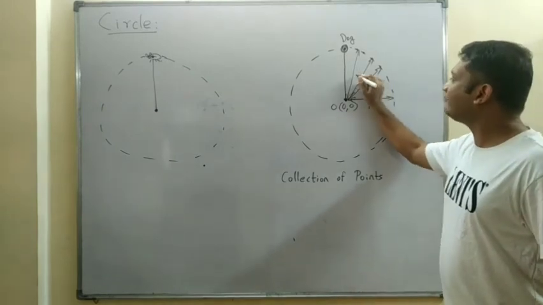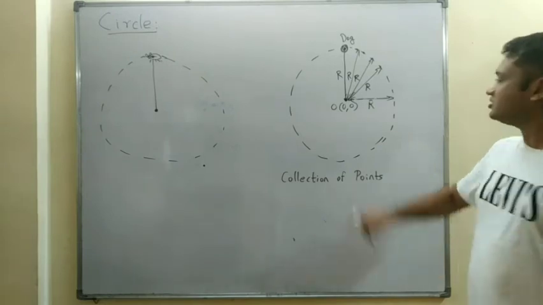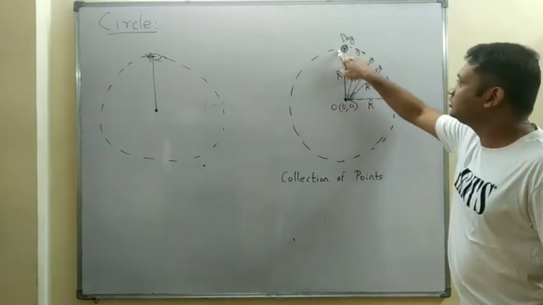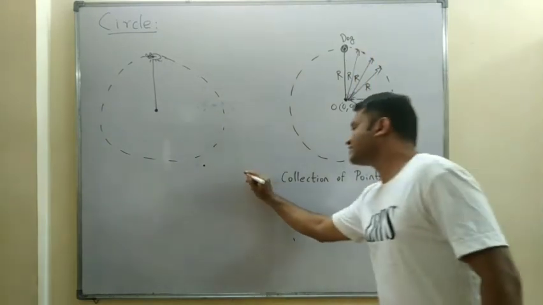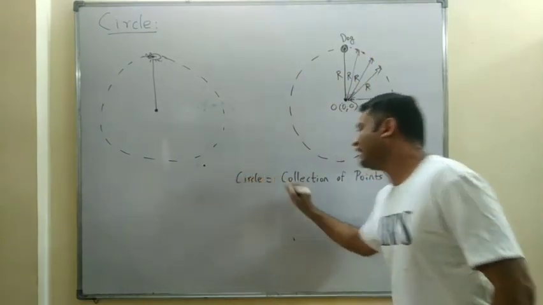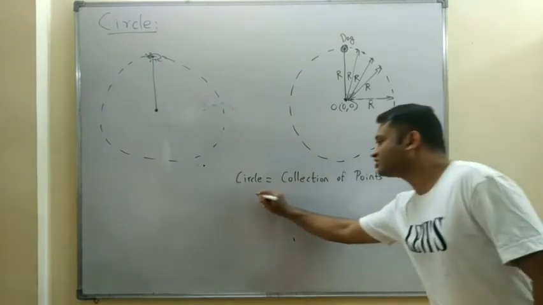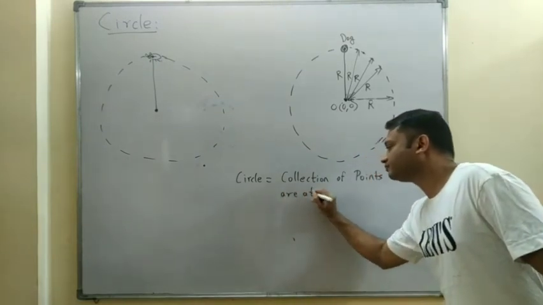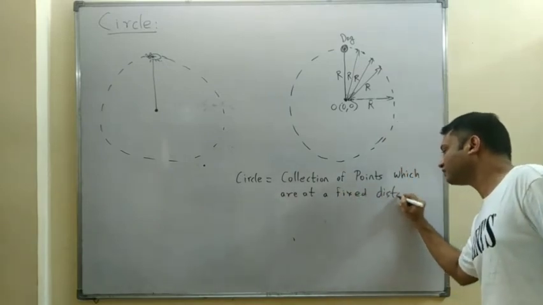So this is R, which is the radius of the circle, and it is the fixed distance from the fixed point to a point on the circle. So we define circle as the collection of points which are at a fixed distance from a fixed point.